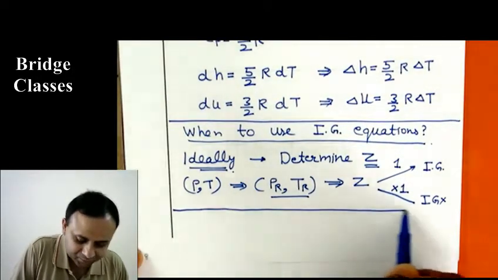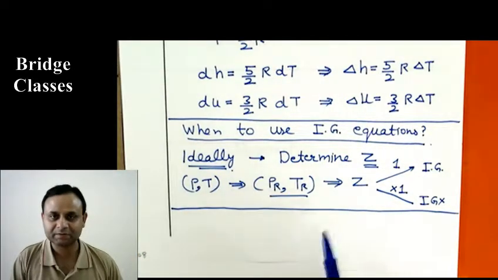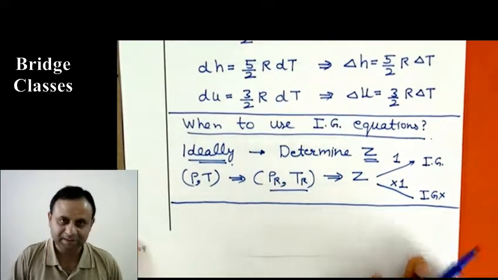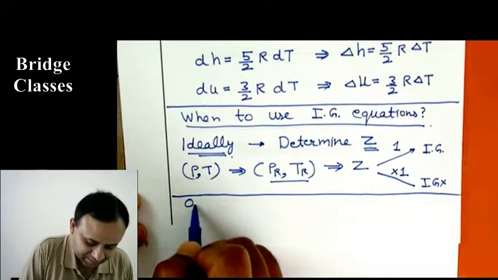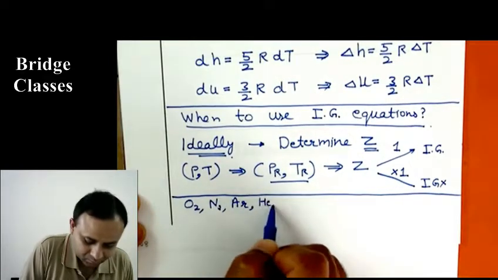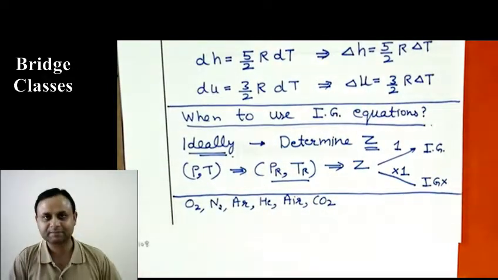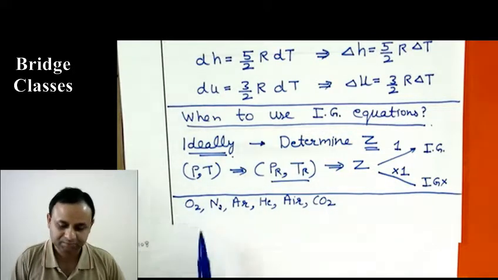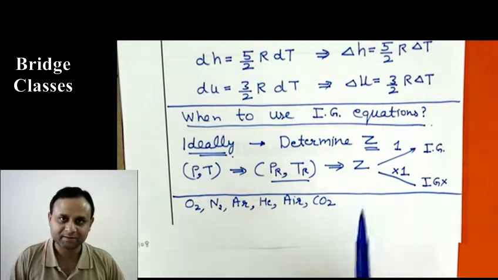But in reality, while solving problems, we don't even have sufficient time to first determine Z and then see. So in this particular course, whenever you have gases, say oxygen, nitrogen, argon, helium, or air, or carbon dioxide, then by default, the state is such that if you determine Z, it is going to be 1.